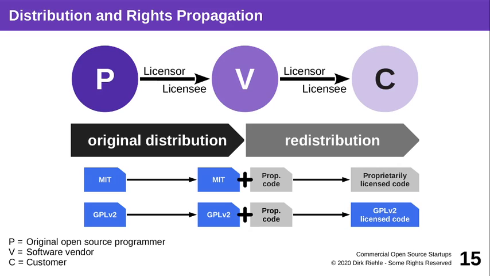And then you sell it on under a commercial license, or that's what you want to do, to a customer or a client, and so you need to have the rights to do that. The provision of the open source component from P to V, from the programmer to you, the vendor, is called the original distribution, and as you pass on as part of your product the open source code, you are redistributing it. Or just distributing it.